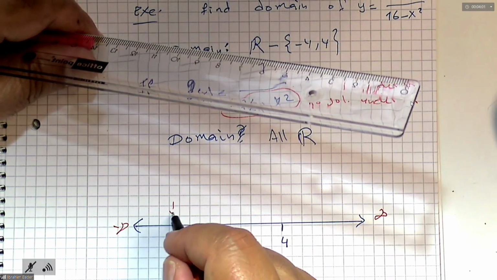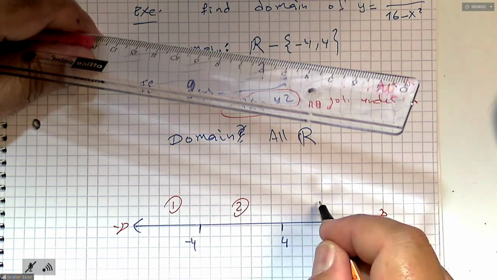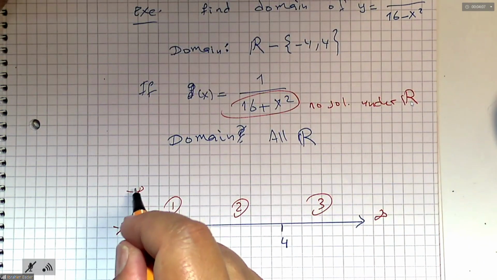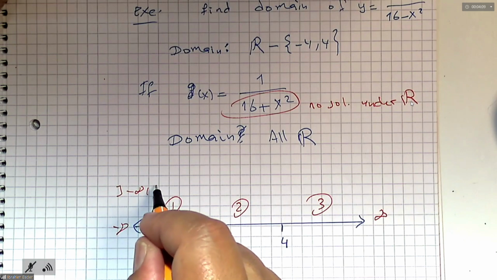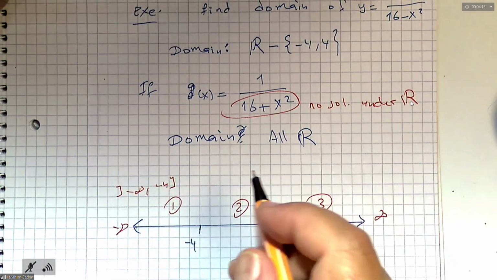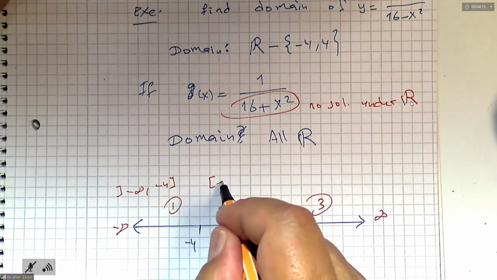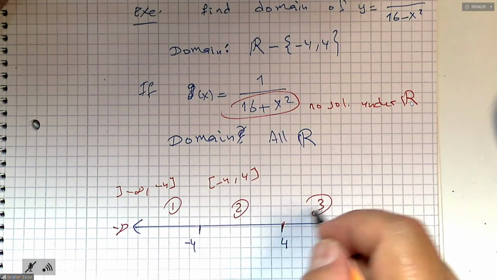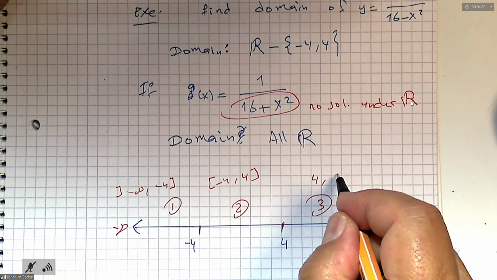So I have 3 intervals. Interval 1 goes from negative infinity, open of course, up to -4. Interval 2 goes from -4 to 4, and interval 3 goes from 4 up to infinity.